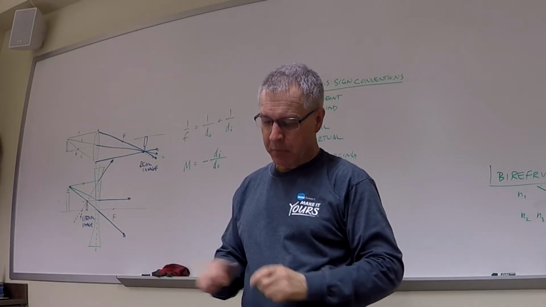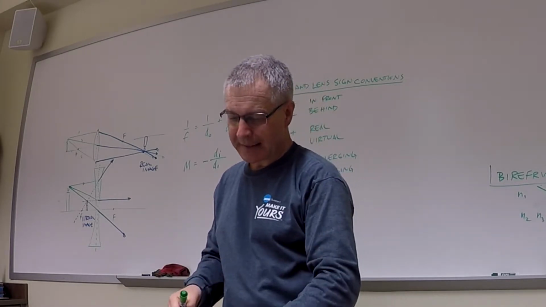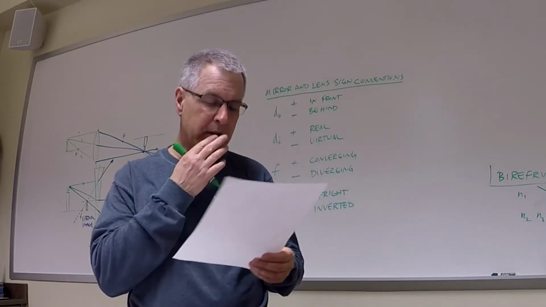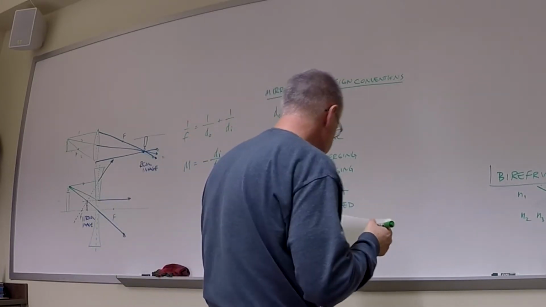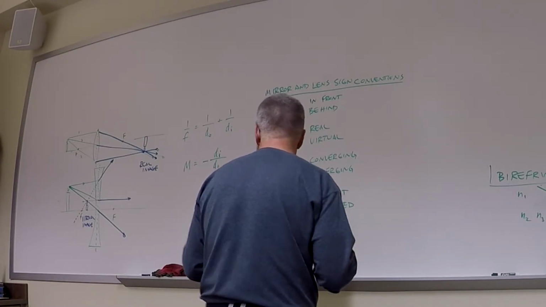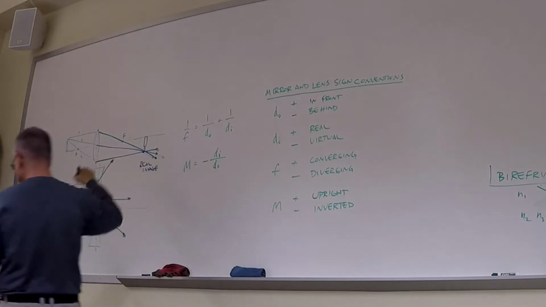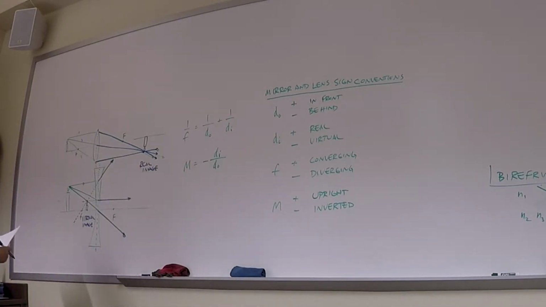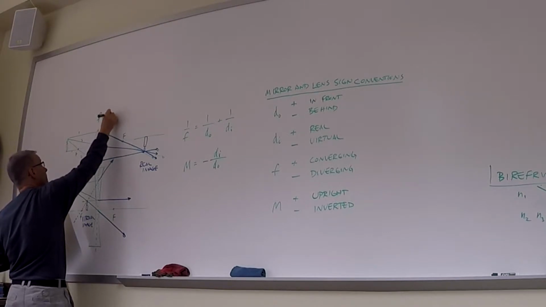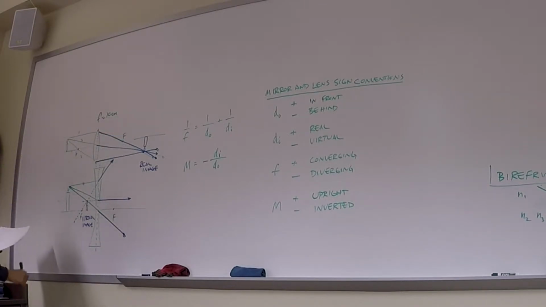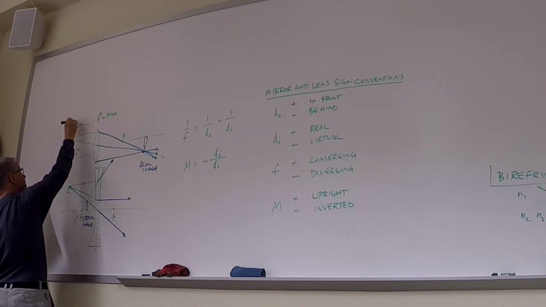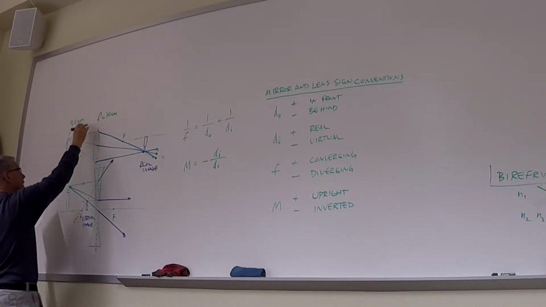So as an example, let's try one here, see if we can calculate and figure out what an image might look like. Let's do this picture here. Let's say we've got a focal length of 10 centimeters. Let's put this 30 centimeters away from the lens.